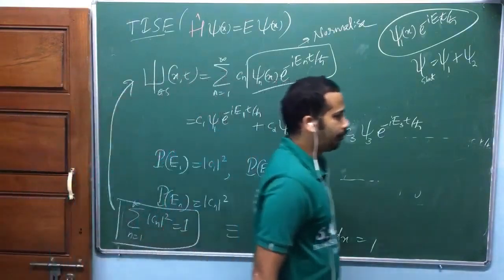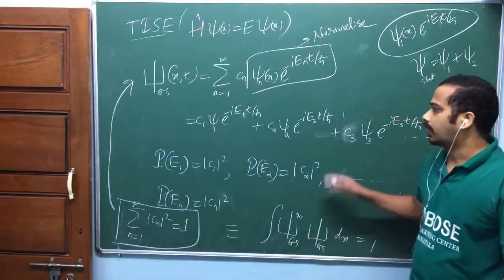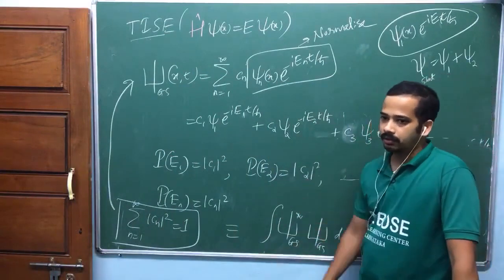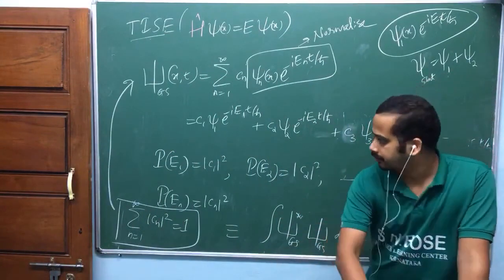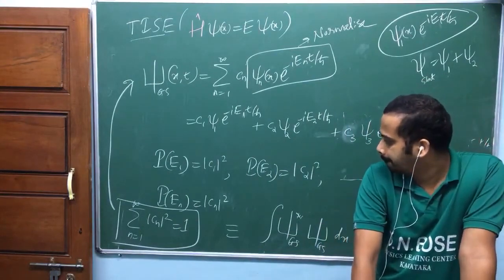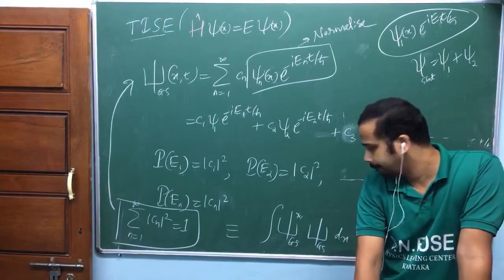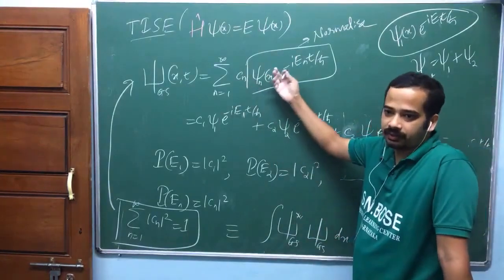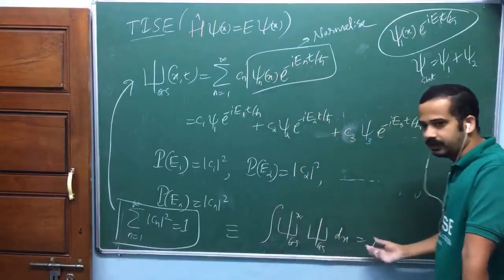If the possible energy measurement outcomes are either E1 or E2 or E3 and so on. Yes, tell me. Yes, sir. While calculating psi GS star, psi GS, we have terms like C1, C2. You will get C1 star, Psi1 star like that. You will get a very lengthy term here.